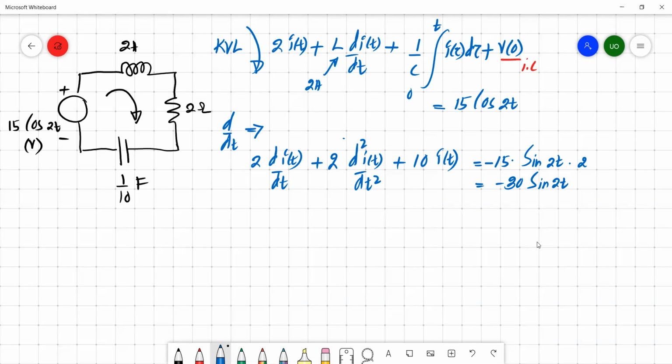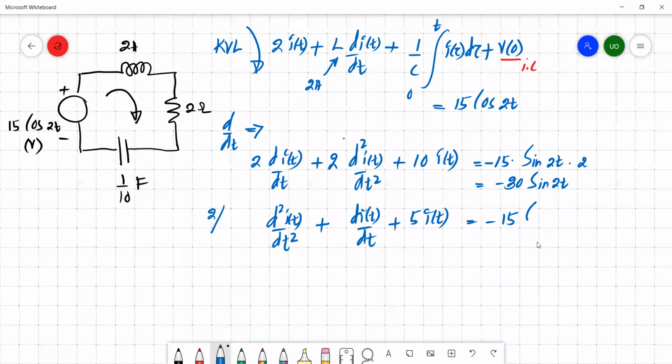If you simply divide this by 2, we end up with d squared i over dt squared plus di over dt plus 5 i equals minus 15 sine 2t. Hope it's clear.